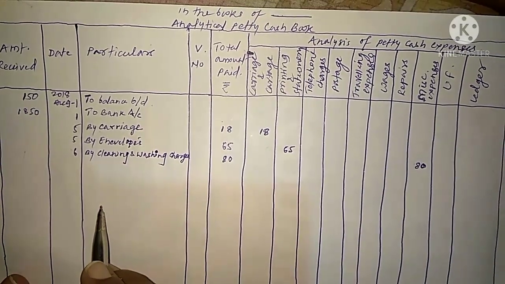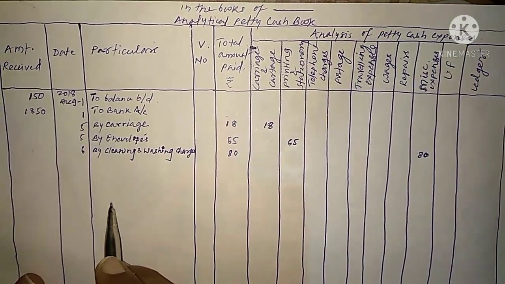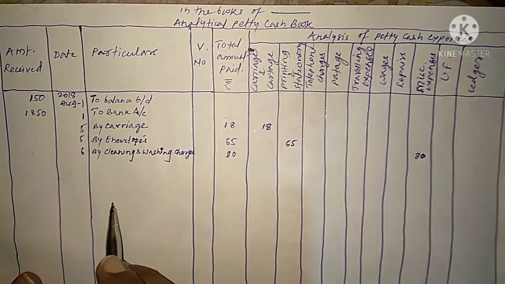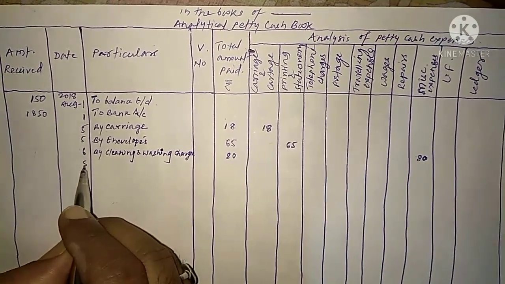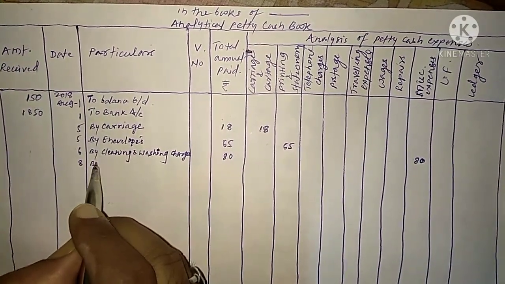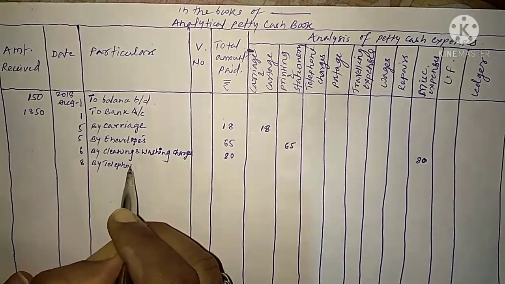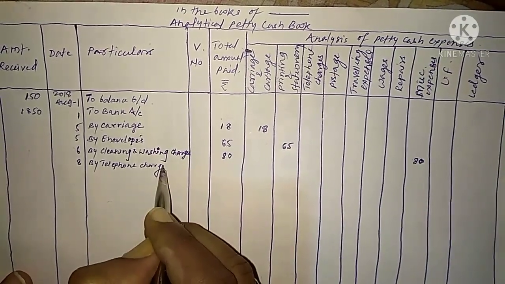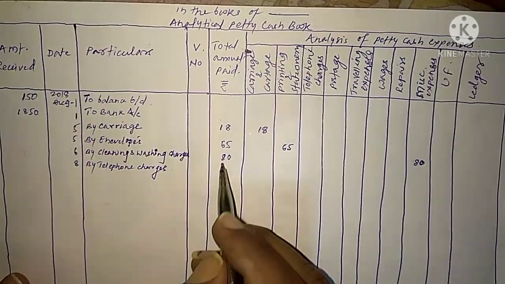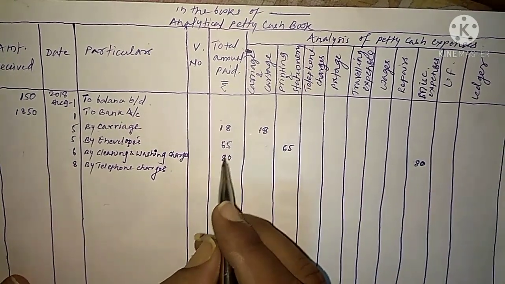And then next transaction on 8 August, paid for telephone charges. So here we have to write date, by telephone charges, and this 280 rupees.